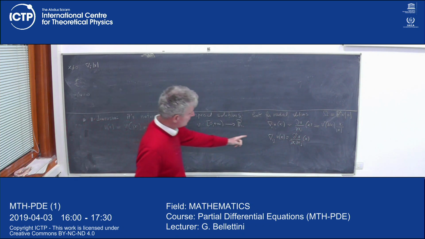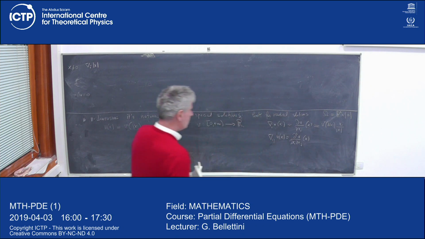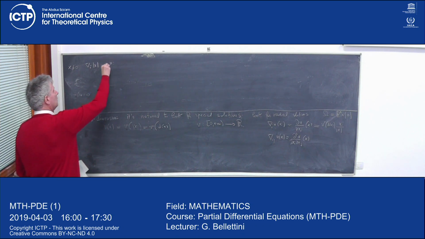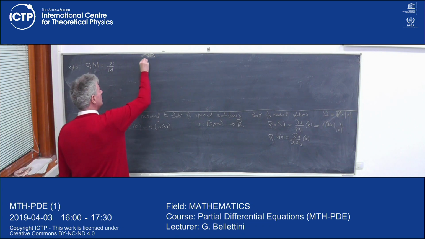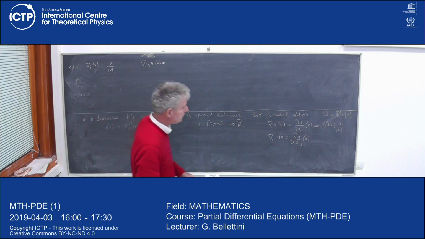Let's go on computing the ij element of the Hessian out of the origin. Help me. What do I do?